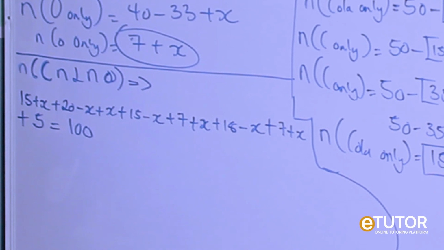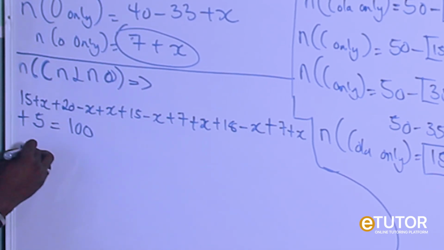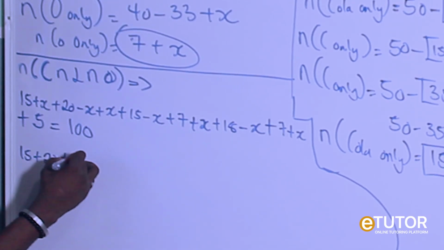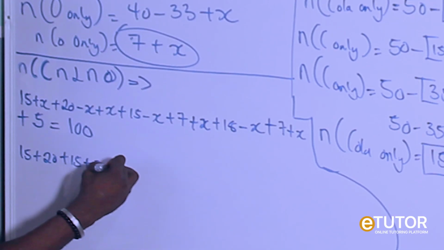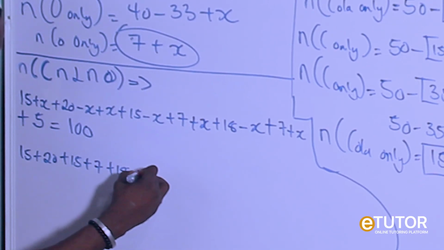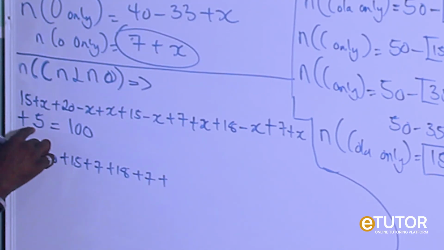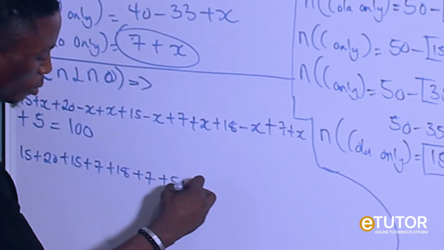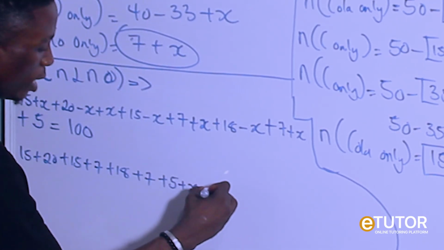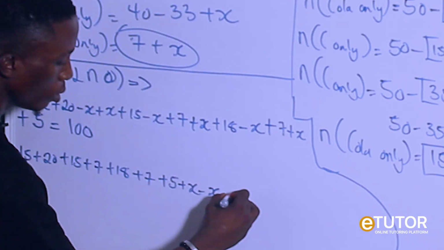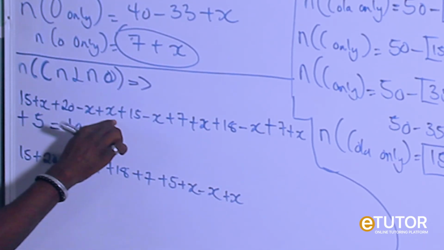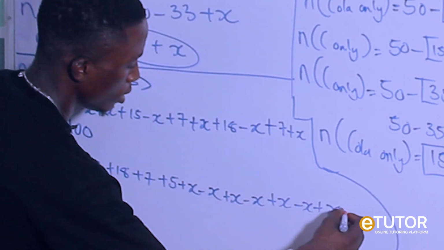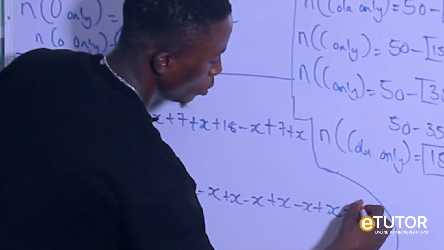So you have to collect your like terms here. So we'll have 15 plus, collect the numbers, 20 plus 15 plus 7 plus 18 plus 7 plus 5. And then plus x minus x plus x minus x plus x minus x plus x equal to 100.